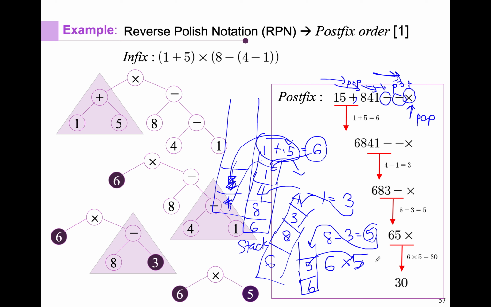What are you going to get? 30. Now your stack is empty. What are you going to do with this value? This value will be pushed into your stack. When you have one value and there are no equations or representations anything over here, then it will be your final answer. Similar, right?